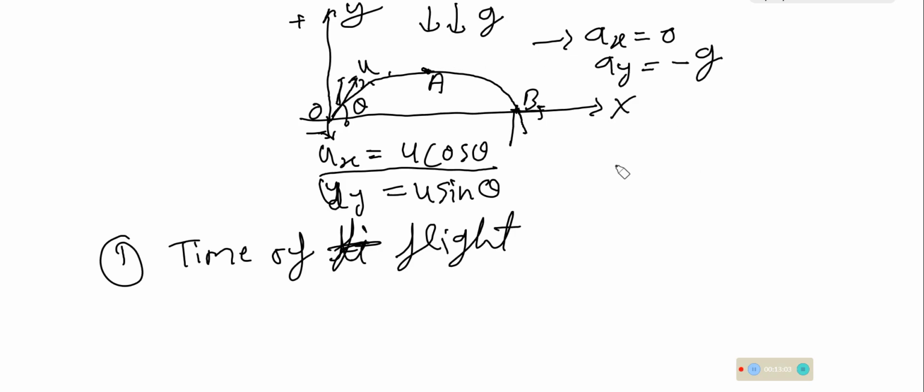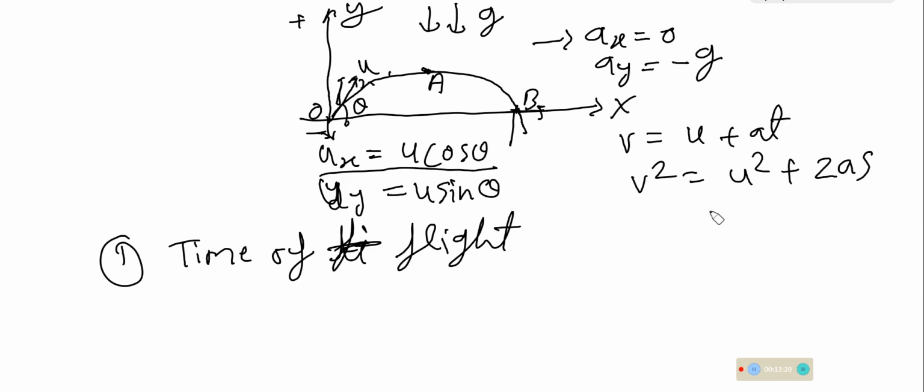Here we know that acceleration is constant, so we can use equations of motion like v is equal to u plus at, v square is equal to u square plus 2as, and s is equal to ut plus half at square. At maximum height the vertical component of velocity is 0, so here we can use the second equation.